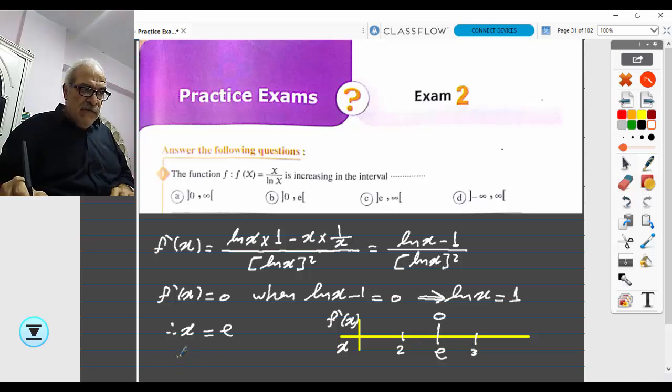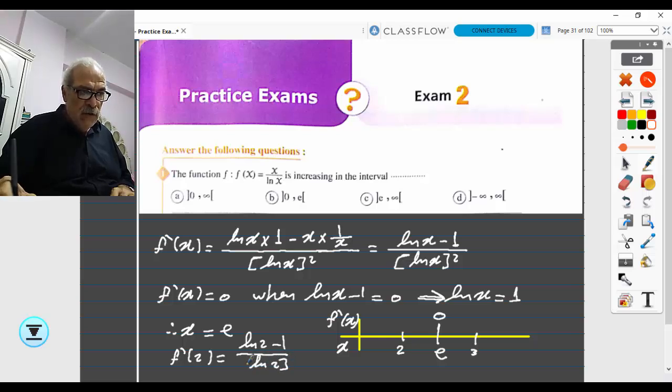So we will find f dash of 2. F dash of 2 will be ln 2 minus 1 over ln 2 all squared.